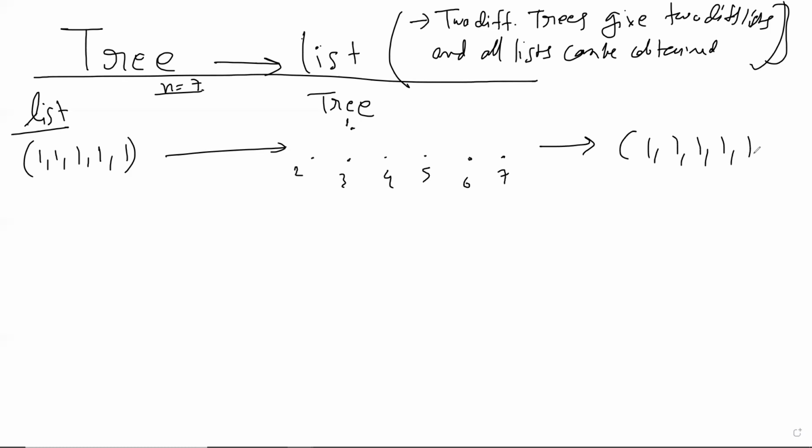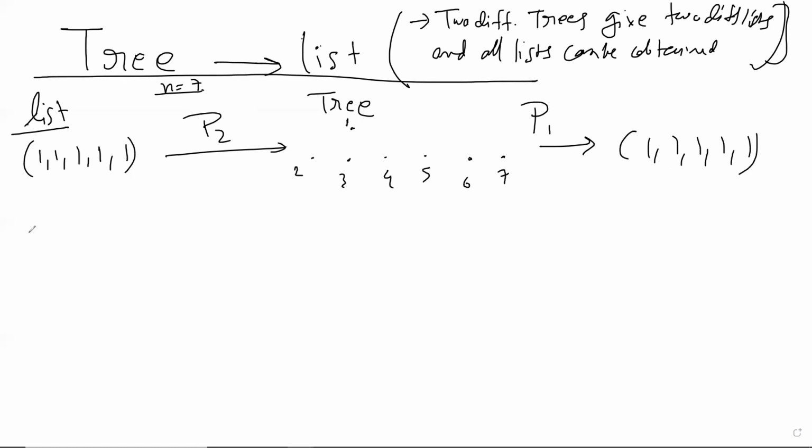This is what I was talking about: we want our technique to be such that going from the list to the tree, and then applying the old process of going from the tree to the list, you get the same thing. Then only it's true matching.